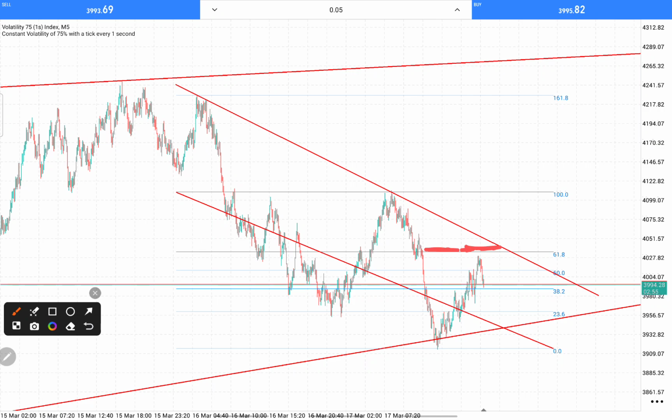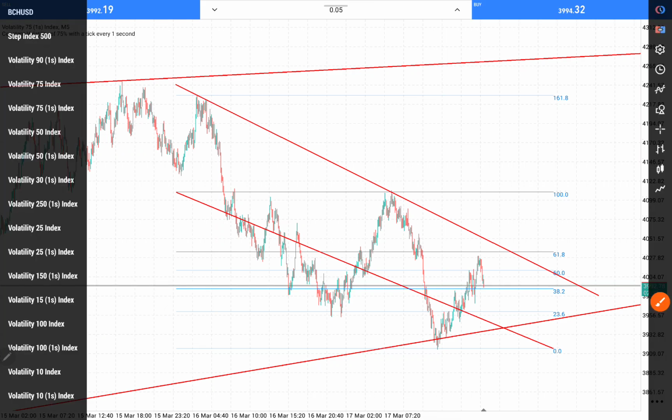Had the market got here, it would have been a very, very good sniper entry. The market would just come here, touch this zone, and then there would be a massive sell to the downside. That's for Fibonacci. I have done a video on that.